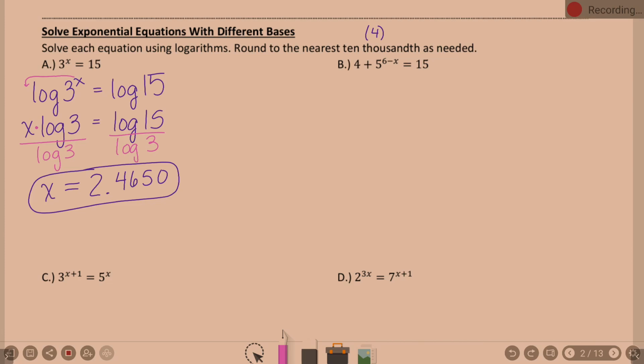Now, as I mentioned earlier, in order for this to work, we need powers by themselves. Which means what should be my first step here? Move something. What are we going to move?